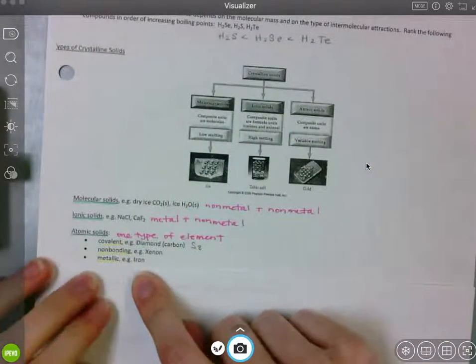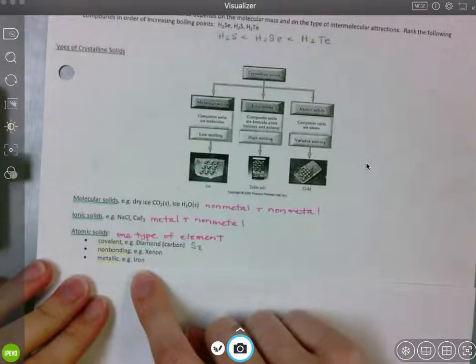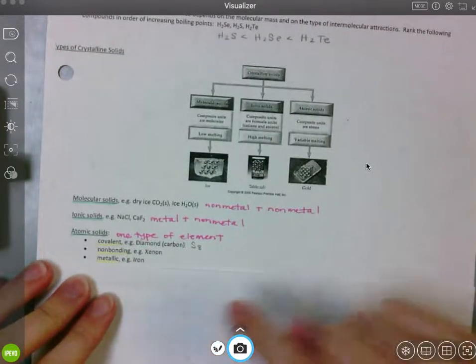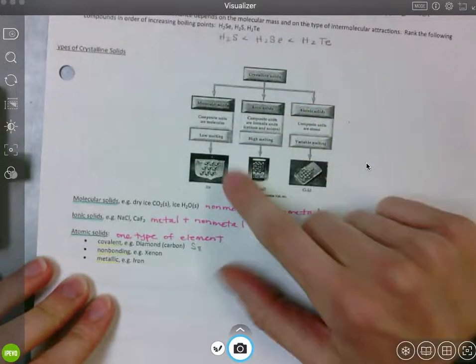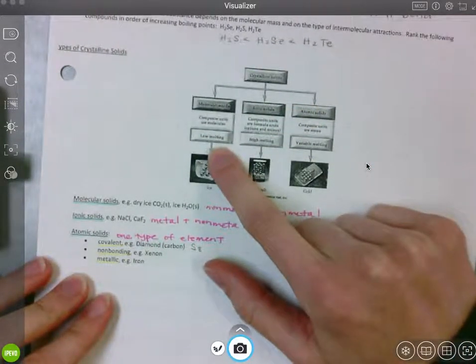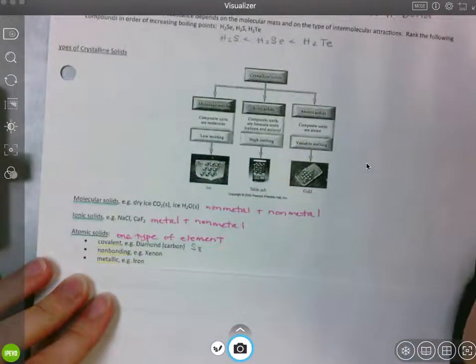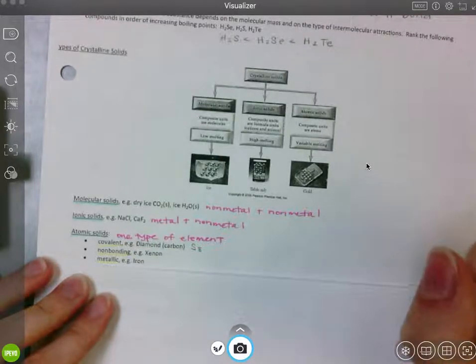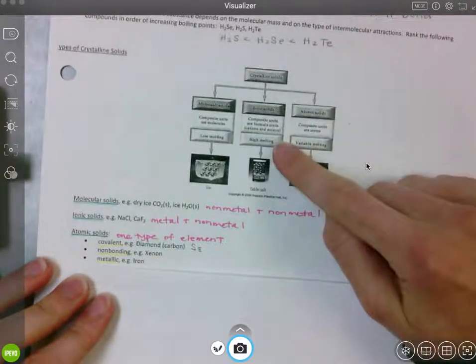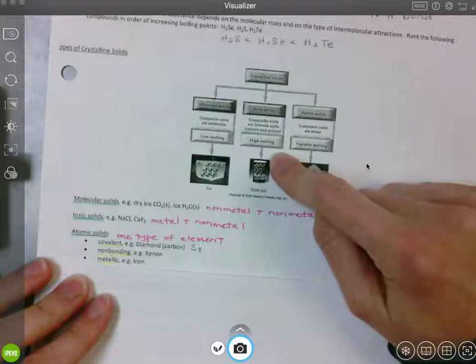And then metallics, these are with our metals, so iron, titanium, any other metal. Real quick, let's look at the melting points for all of these. Molecular solids have relatively low melting points. Ice melts pretty easily, so at room temperature it's for sure going to melt.